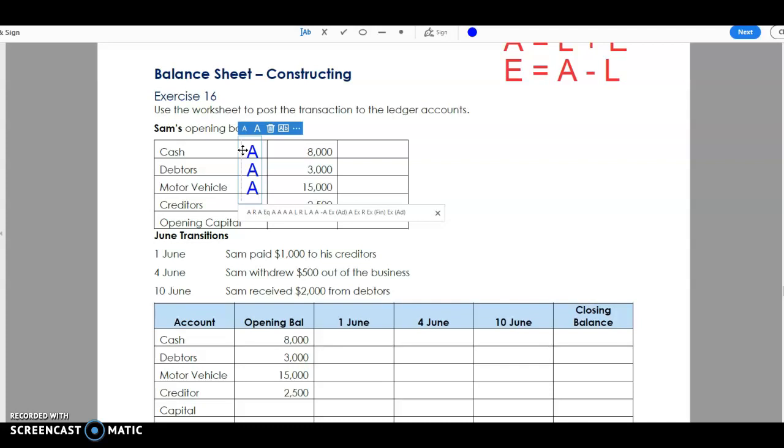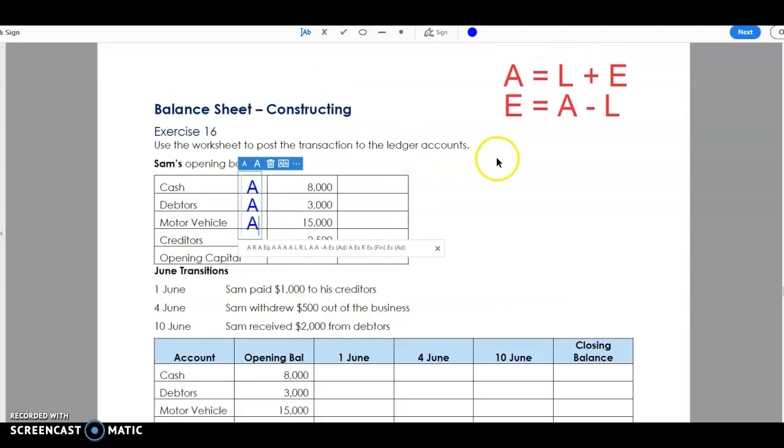And you're absolutely correct. Good call, good classification of those accounts. But at the moment, regarding the accounting equation, I'm only interested in whether it's an asset, a liability, or an equity. So I'm not interested right now whether it's a current or non-current asset or liability. So cash, debtors, and motor vehicles are all assets.